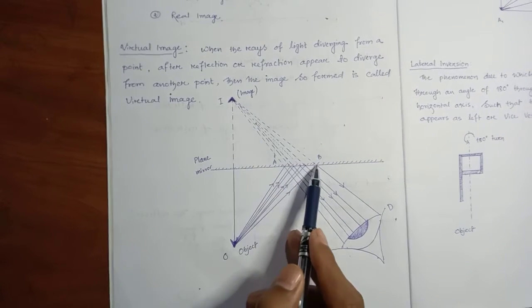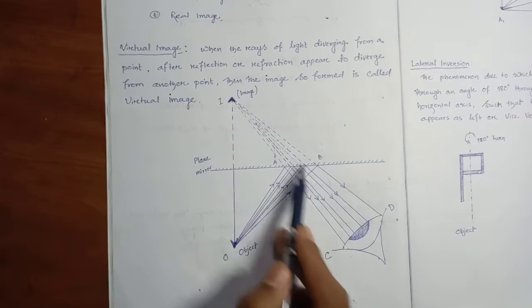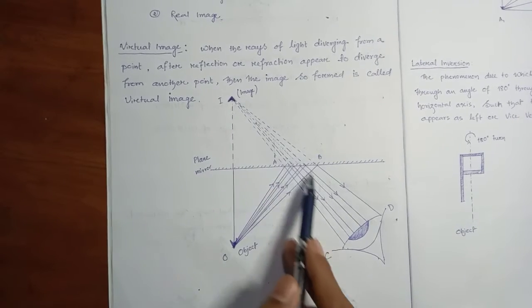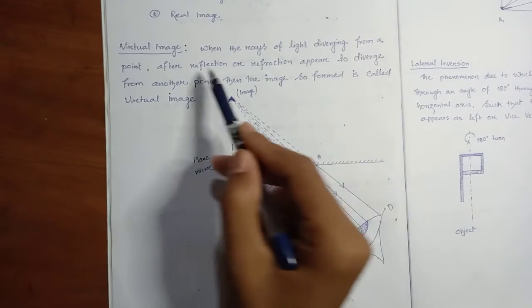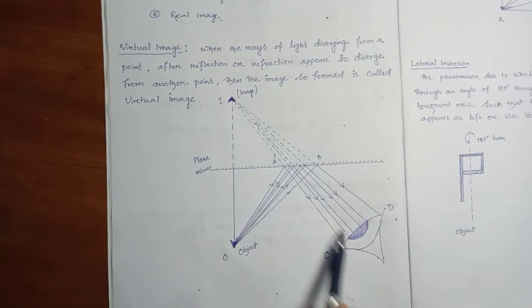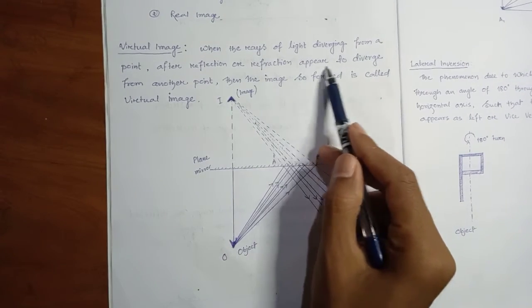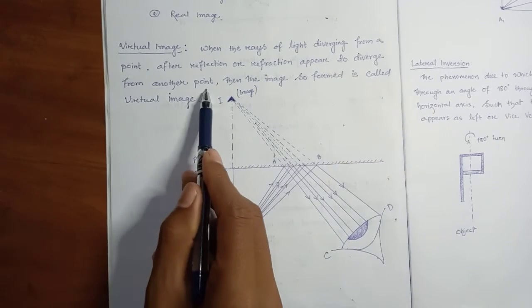If you draw the rays in the backward direction, you feel that these rays appear to meet at some other point. So after reflection, the rays appear to diverge from another point.